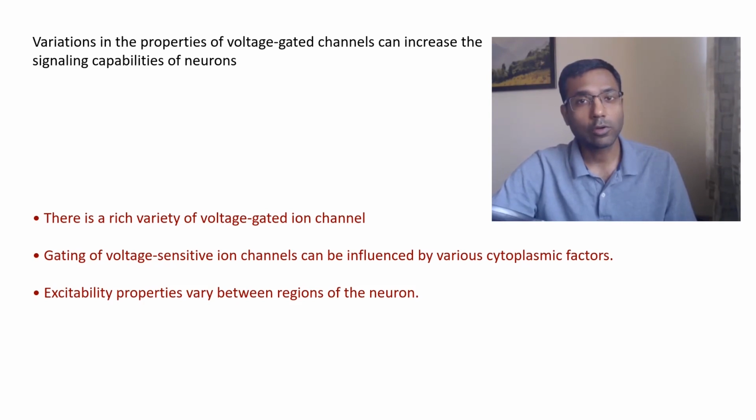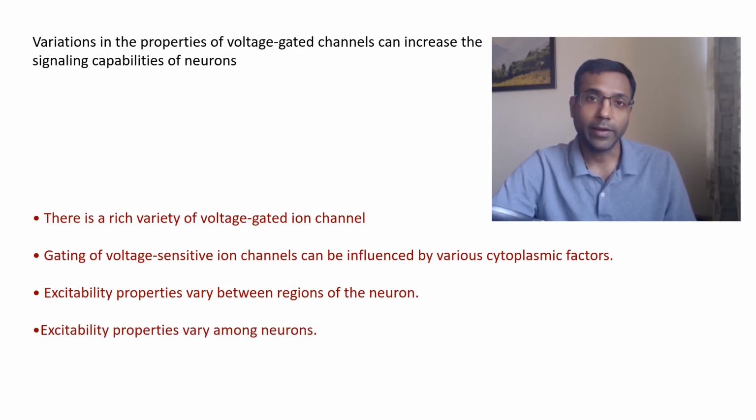We have also not discussed the differences that may be there in different branches of a neuron. So the number of channels that are present, or the variety of channels that are present, might differ in different parts of a neuron. That might allow those parts to perform slightly different functions. And finally, there may be quite a bit of variety among neurons. So some neurons may express certain types of channels while other neurons express other types of channels.